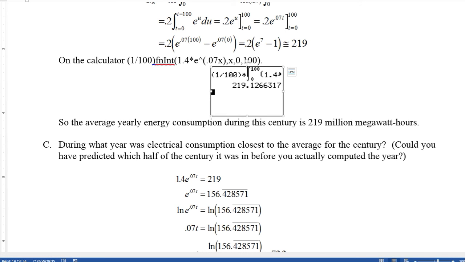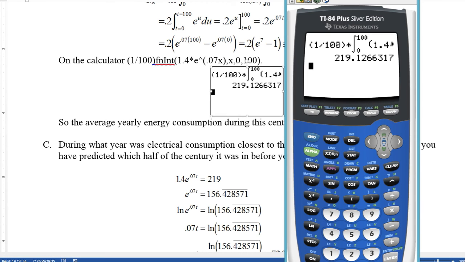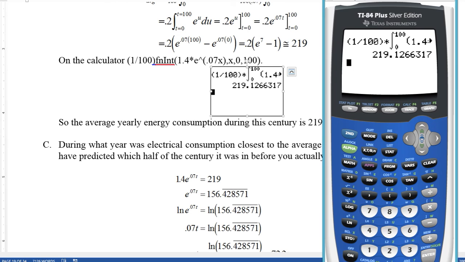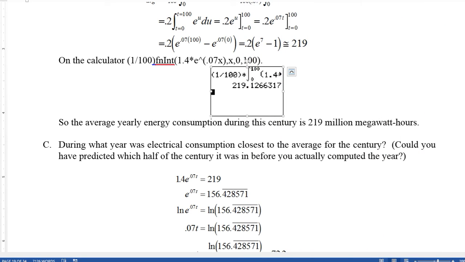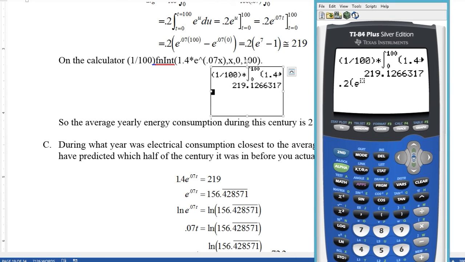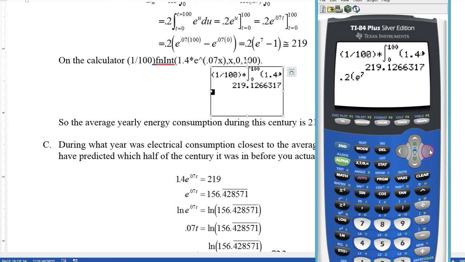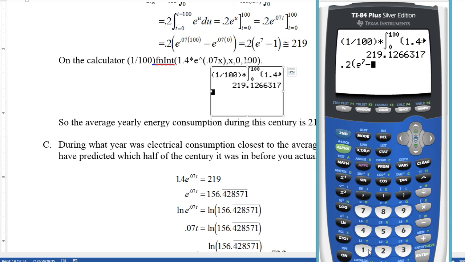And of course, here, let me do this. If I do this, 0.2 times parentheses e to the power 7 minus 1.